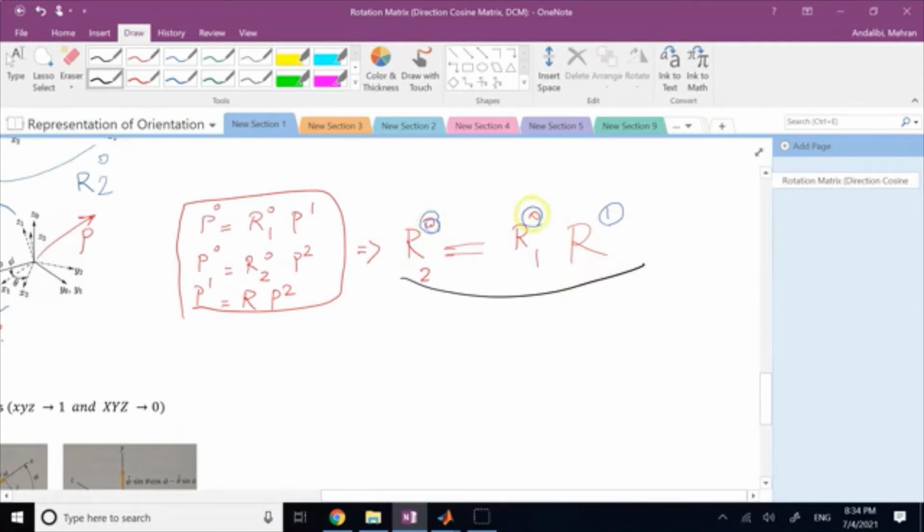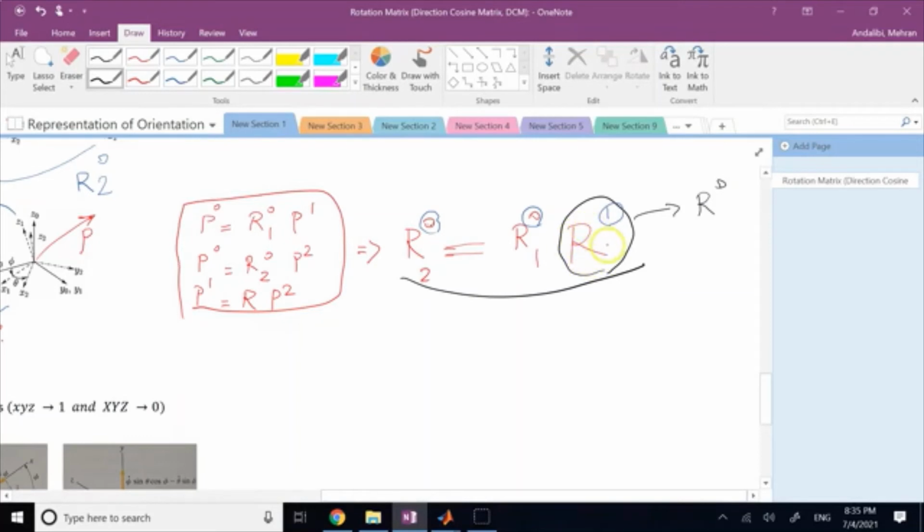I cannot have two of them start with the reference of 0, and one of them with the reference of 1. It cannot be. So I have to take this one and write it with reference to frame 0, not frame 1.